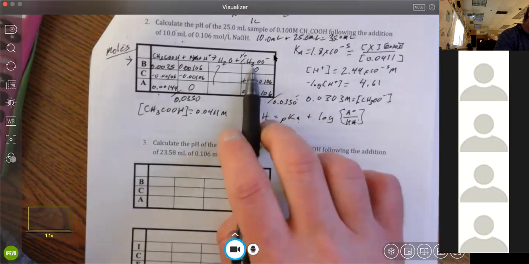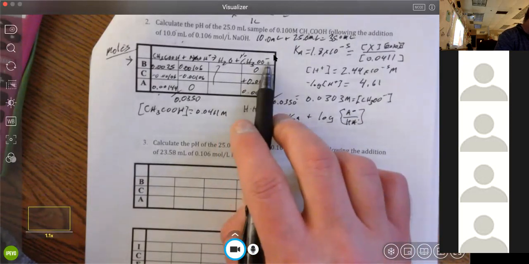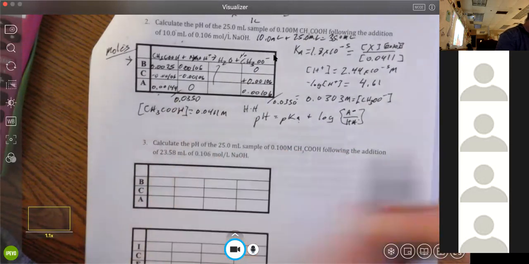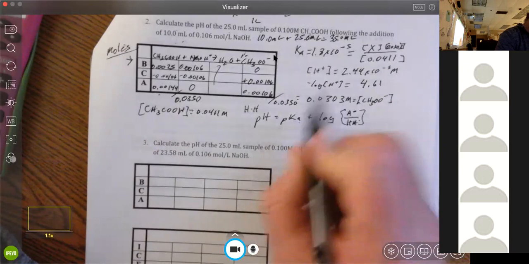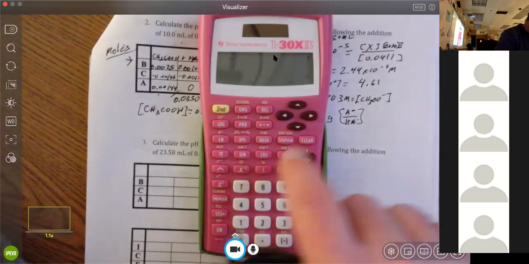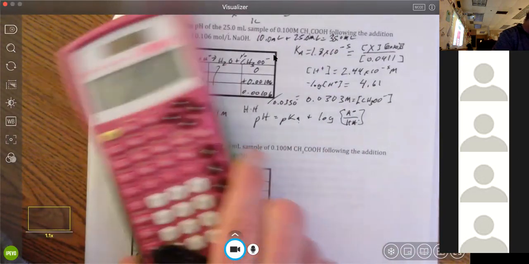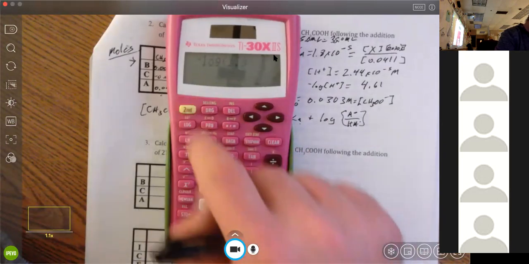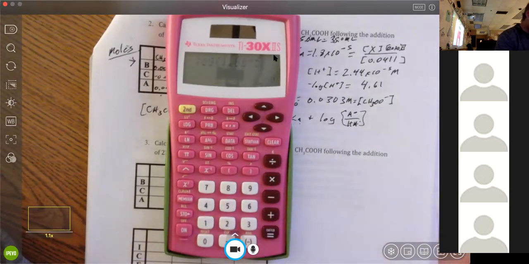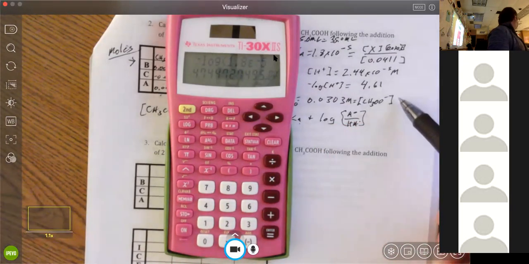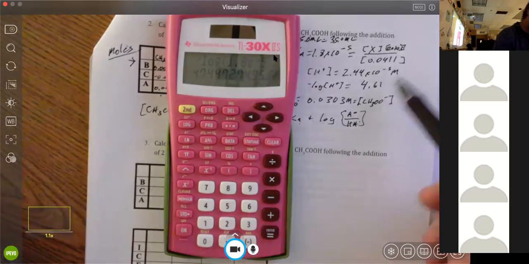In this case, that would be this guy right here, and this guy right here. So if we do that, we know that the Ka is 1.8 times 10 to the negative fifth. If we take the negative log of that, now that becomes the pKa. So right there, we already see 4.7. We know we're actually going to get 4.6 because we've already done the math for it.